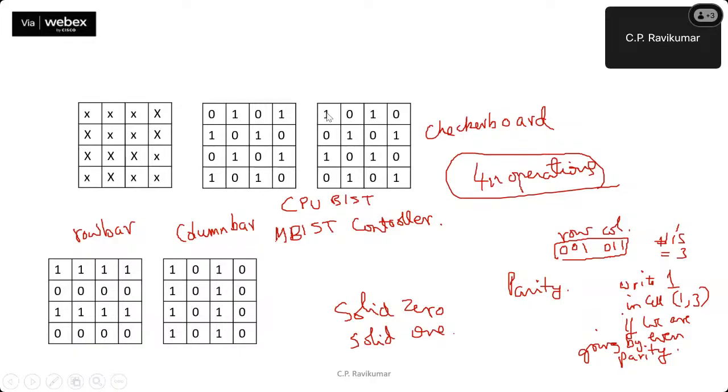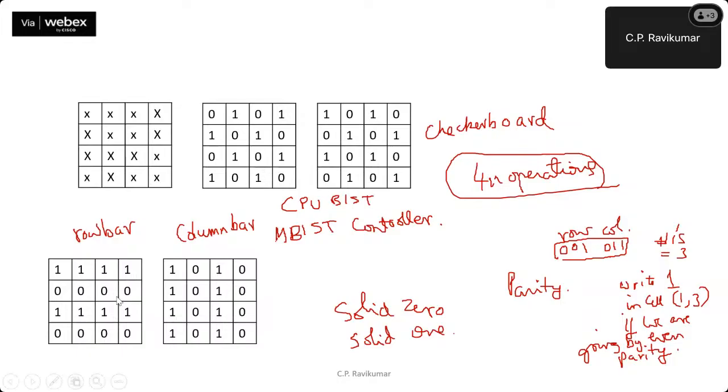Okay, so I have caused this cell to go from 0 to 1. And if that causes this to flip, then we will have caught that problem. So we may be able to find some transition delay faults, some coupling faults. Okay, but there is no guarantee that all of the coupling faults and all the transition faults will be detected. Many of them may go undetected.